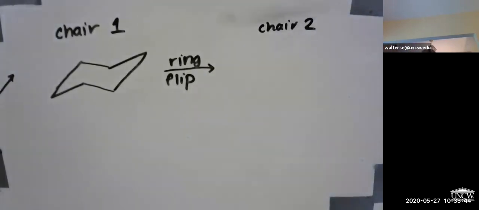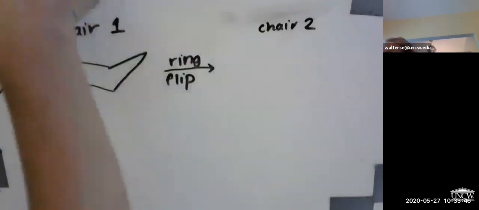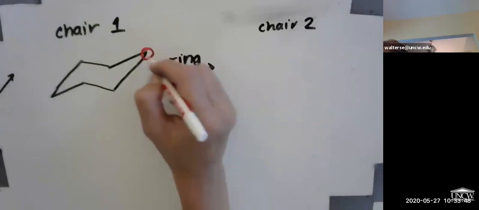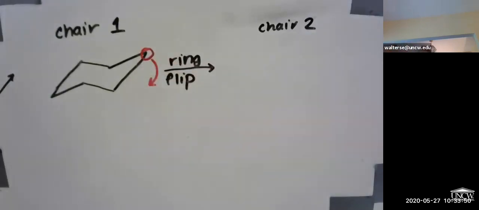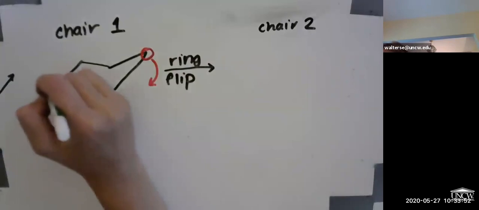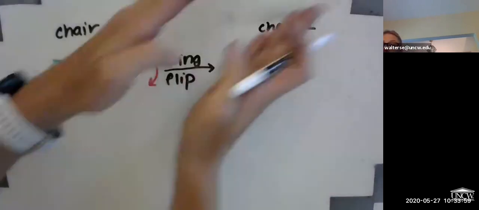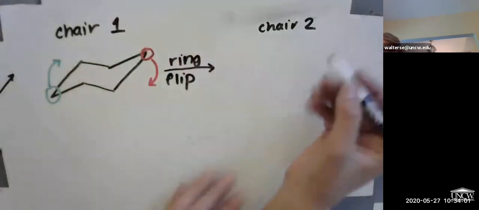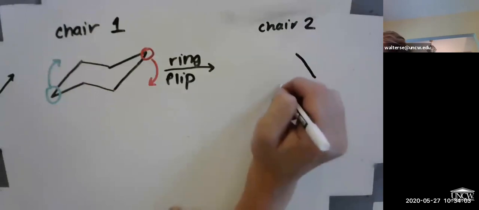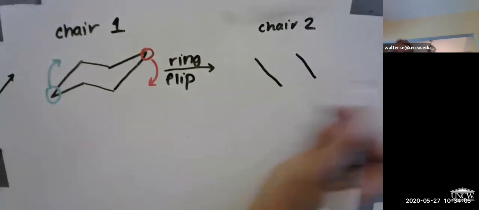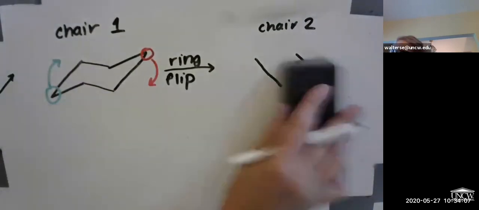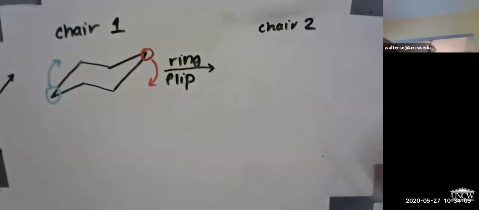To get chair 2, this carbon here comes down. This carbon here goes up. But when you draw the other chair, instead of going to the upper right, you're going to have to go to the upper left. Like that. Now, most people draw one chair really well and the other chair not so well.